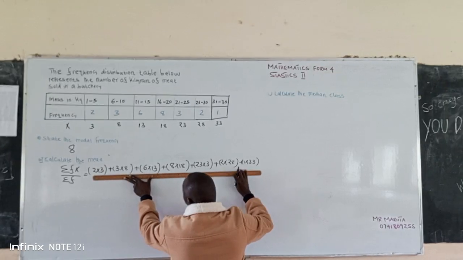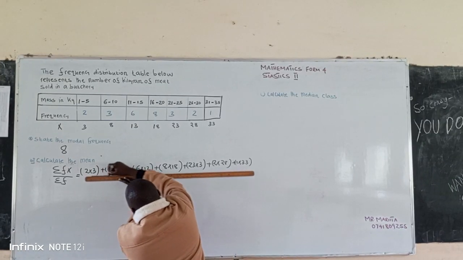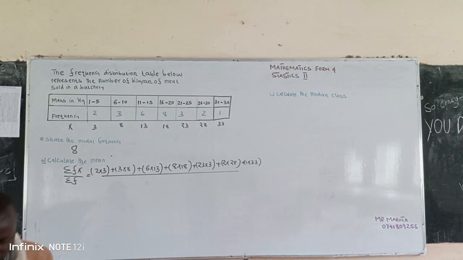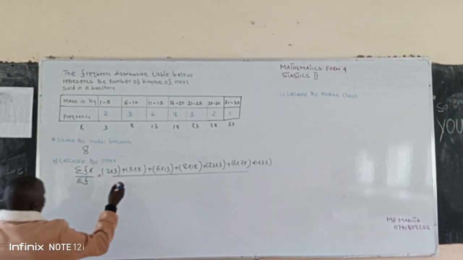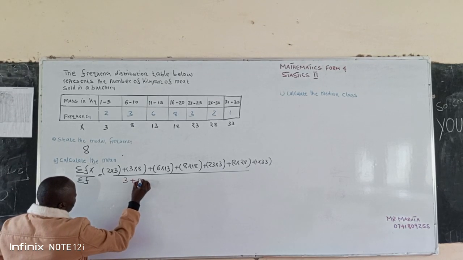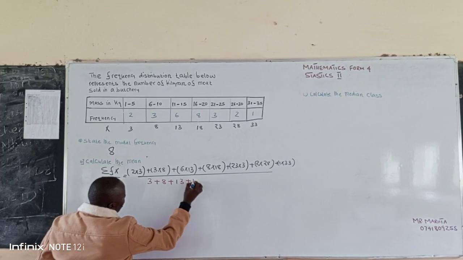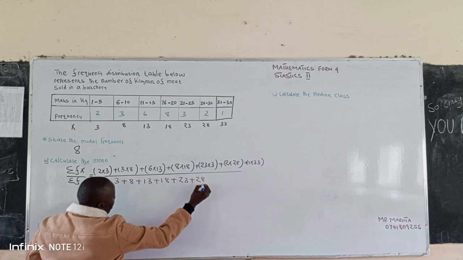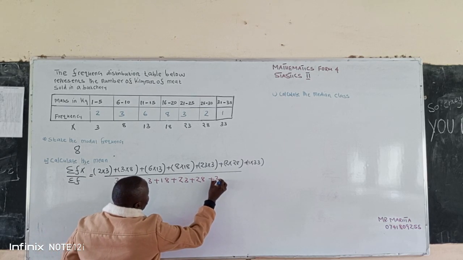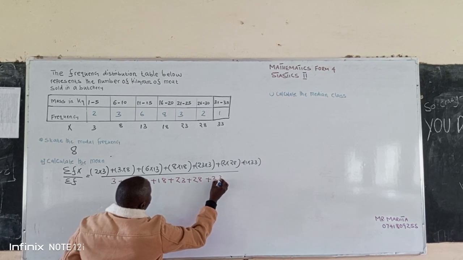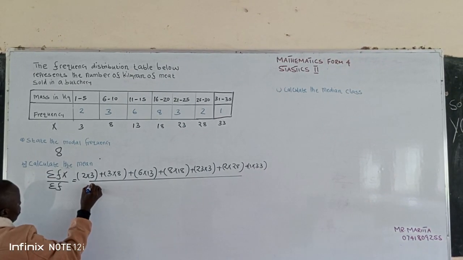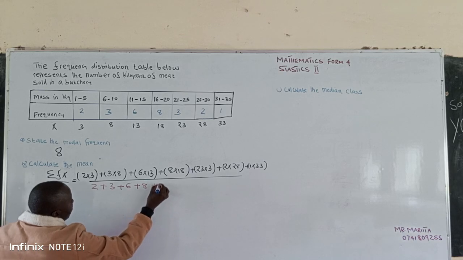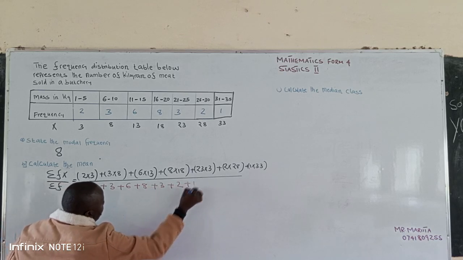Then we divide it by the summation of f. The summation of f is 2 plus 3 plus 6 plus 8 plus 3 plus 2, then plus 1.